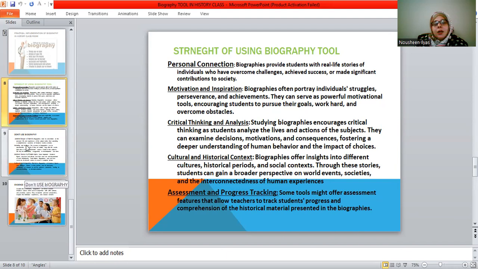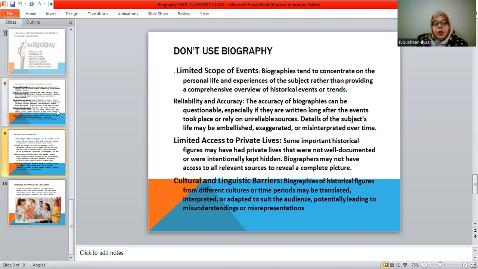But there are some areas where we don't need to use biography, or we must be careful to use biography. Don't use biography when you are writing on a topic which has a limited scope of events. Biography tends to concentrate on the personal life experience of the subject rather than providing a comprehensive overview of historical events or trends.